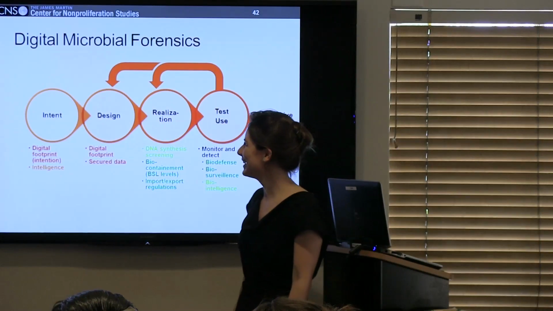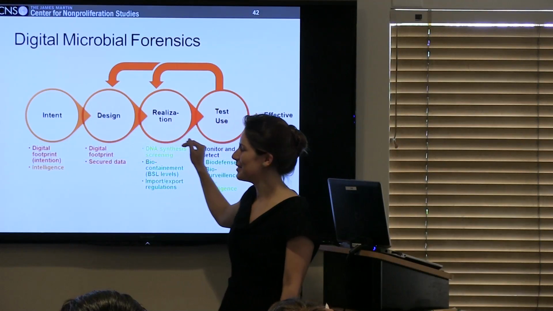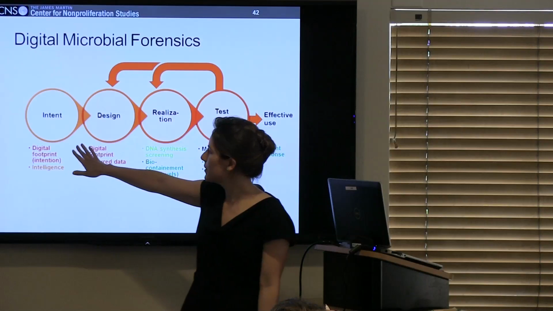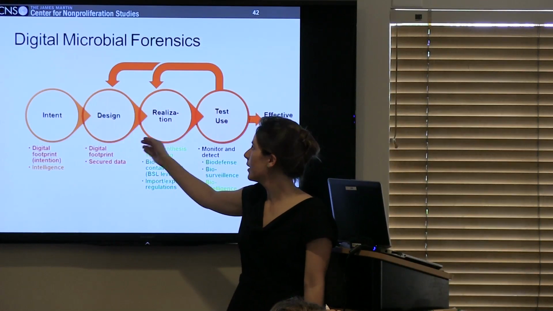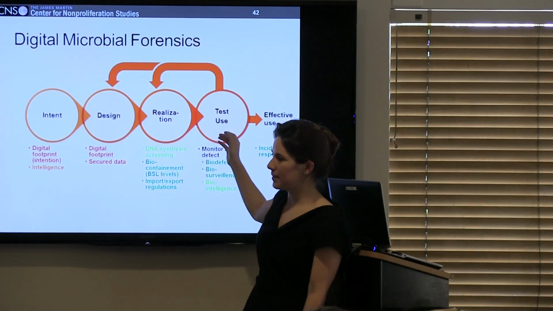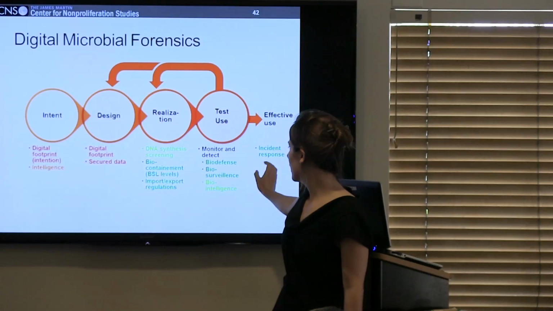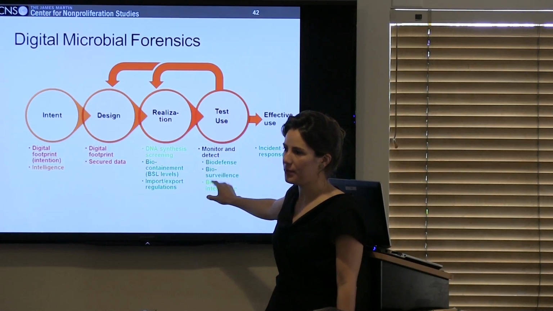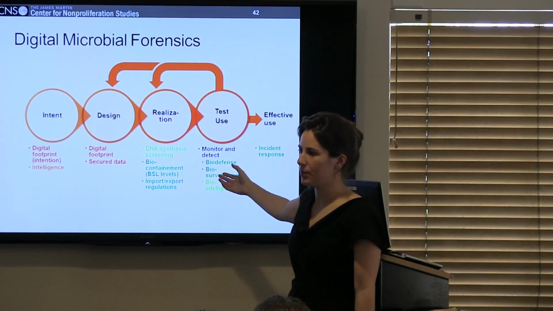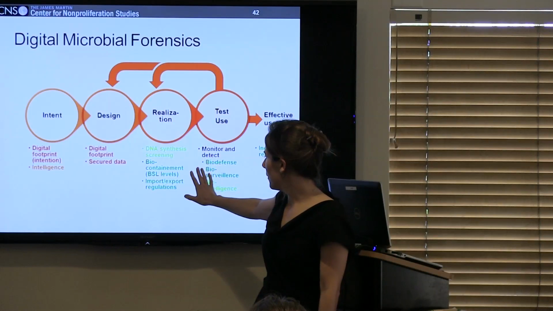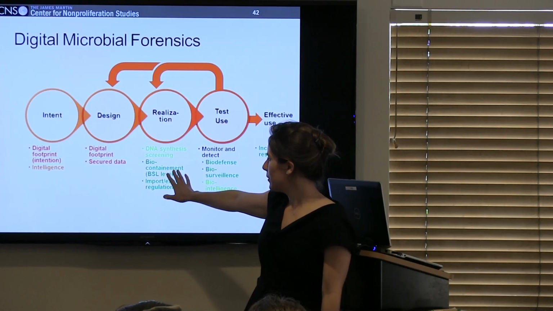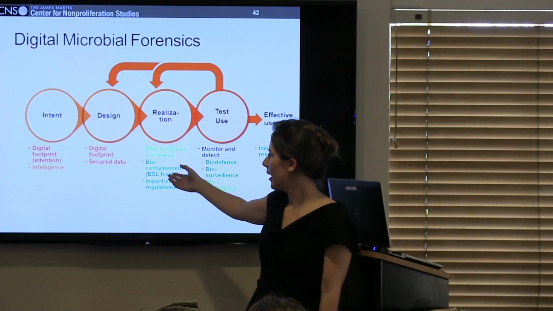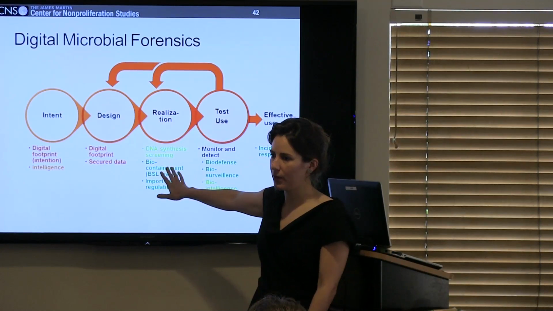So this graph is an idea of how, if someone wants to develop biological weapons, they would start with an intent, then they would design it, then they would make it and test it. And here I wanted to highlight that a lot of biodefense has been focusing on monitoring, for example with aerosol sensors. Here we have biocontainment and import-export controls to try to prevent people from having access to these sensitive organisms.